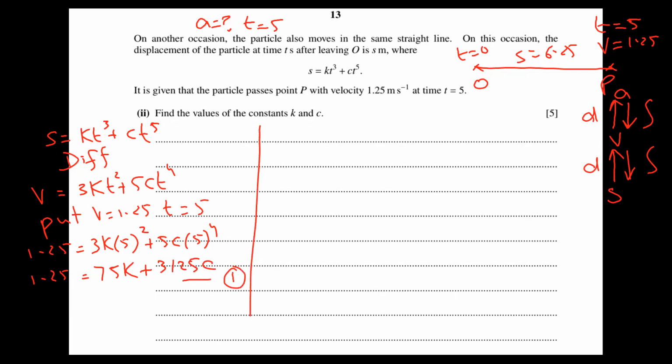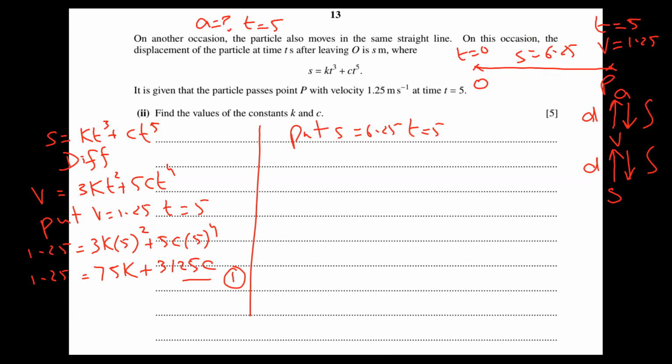Now, I know that distance is 6.25. I can put this directly there even. How can you do it? When time is 5, distance is 6.25. So I can put here directly S is equal to 6.25 and time is 5 directly in the expression.